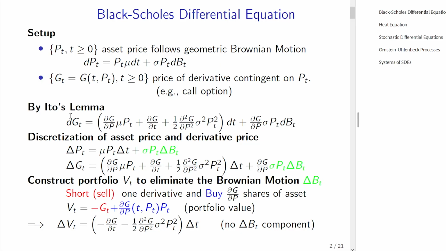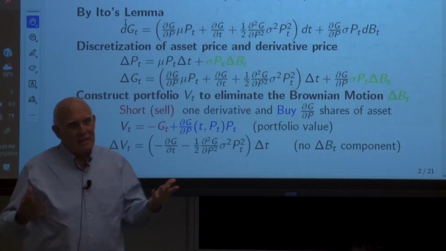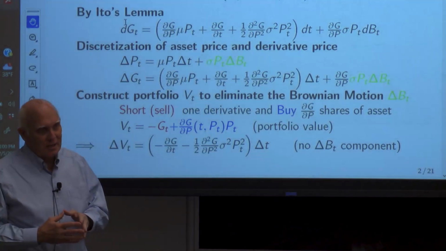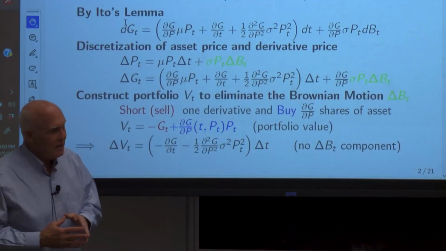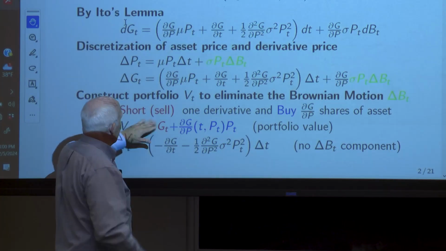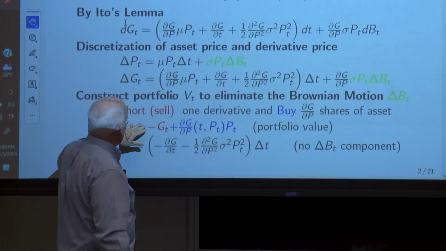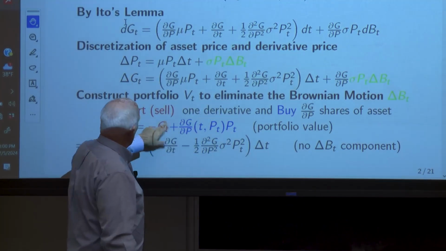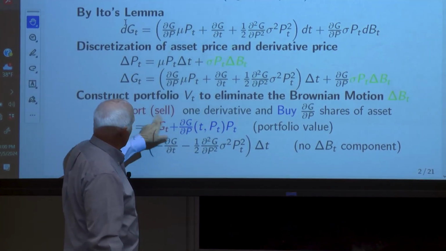If we eliminate that dependence, then we have a deterministic price function for the portfolio. One way of doing this is to short one derivative, so minus g_t.